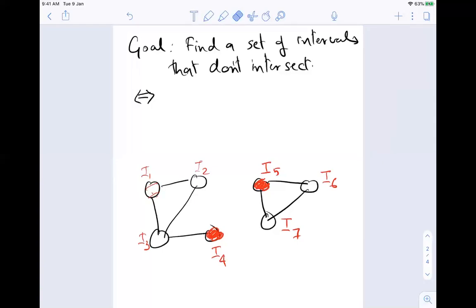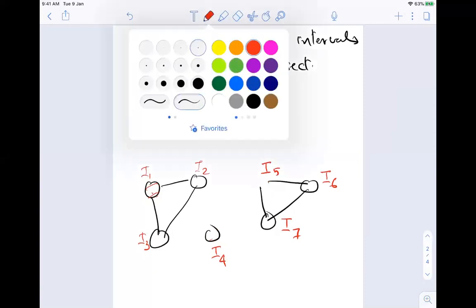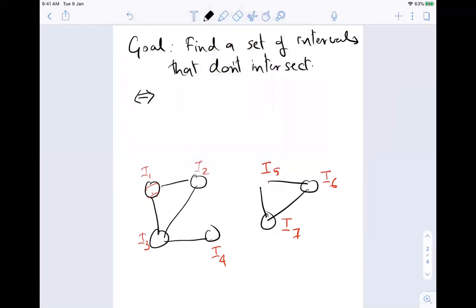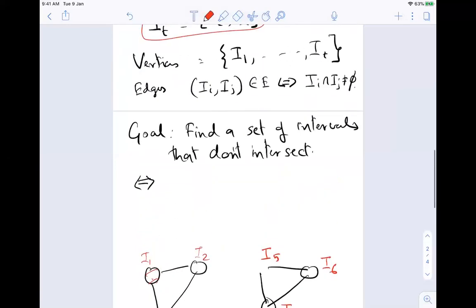Or the other option would have been, what happens if I had chosen interval 3? In that case, would I have chosen interval 1? No, because interval 1 intersects. Note that an edge is there only when there is an intersection, right?